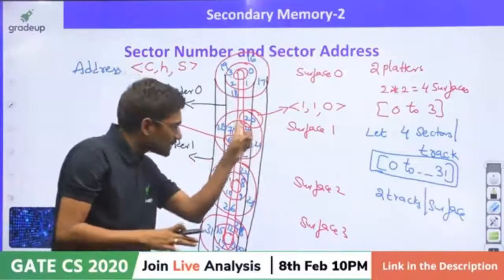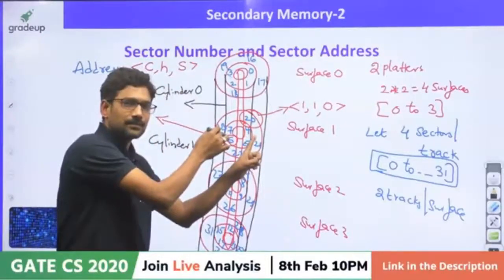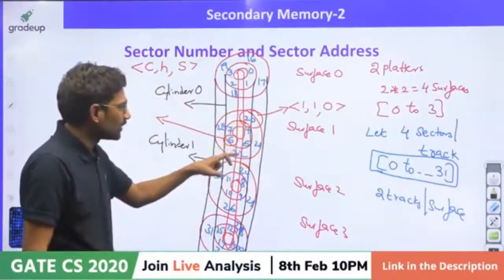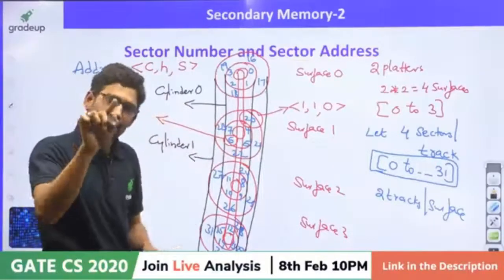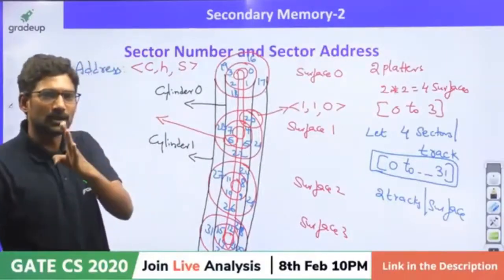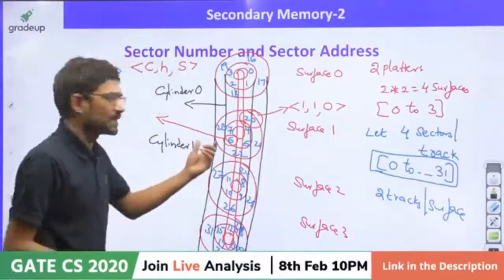So for this surface, for this track, this is which sector? 20, 21, 22, 23, 4 sectors are there. This is which sector? First sector. So its number is 0. Aman Raj, I hope you understood now. So what is the CHS for 6?